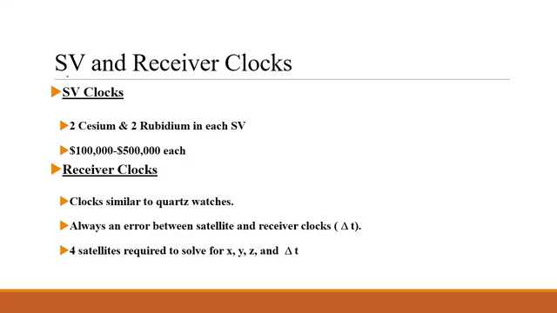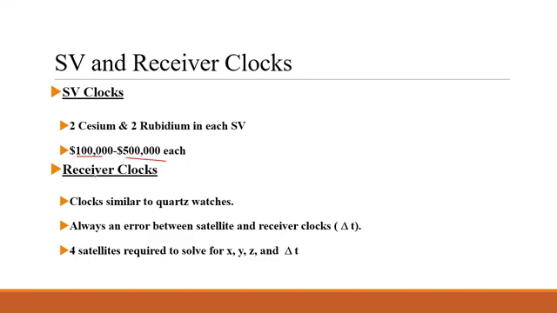What are the satellite and receiver clocks? The satellite clocks are cesium and rubidium clocks, 2 of each. For example, there are 2 rubidium and 2 cesium clocks installed in space vehicles, that is in satellites.